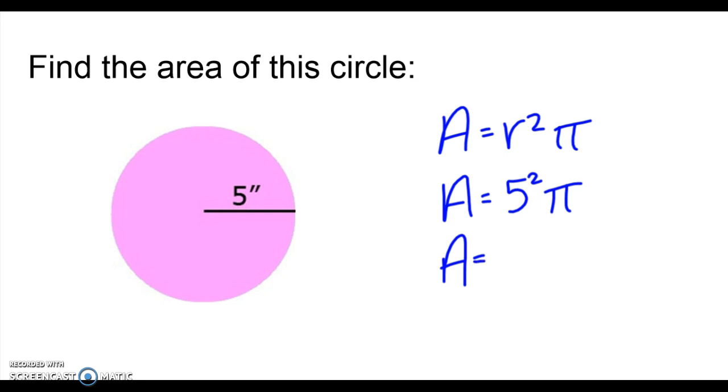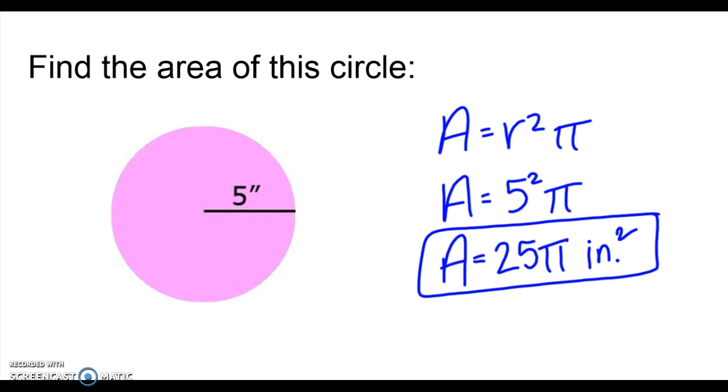So if I'm going to keep it in terms of pi, 5 squared, I get 25 pi inches squared. And if the directions call for you to round it, an approximate answer would be 78.54 inches squared. Make sure you're always using your pi button.